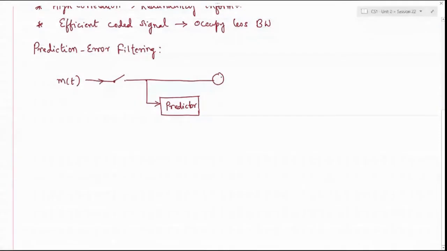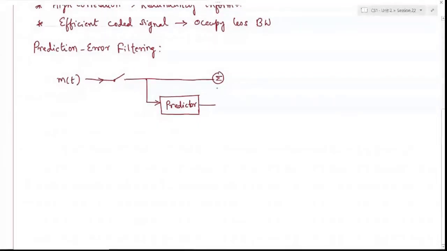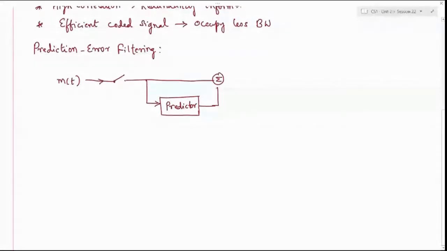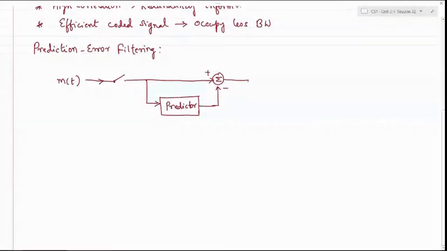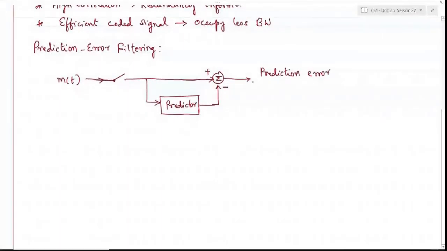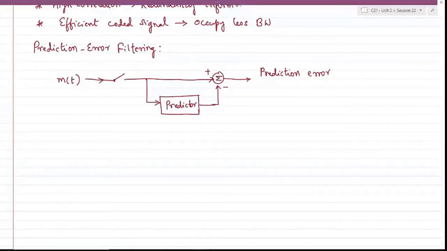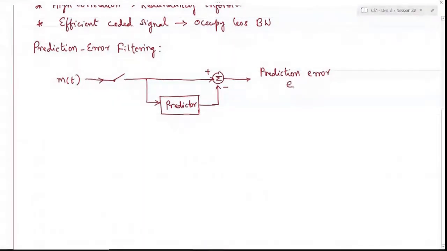This is a subtractor which takes the difference of these two samples and generates something known as prediction error. We'll give this the mathematical representation of error as e n.